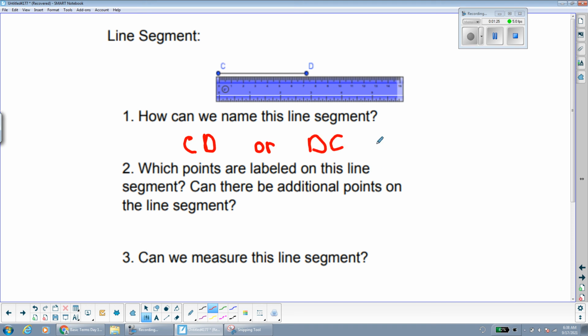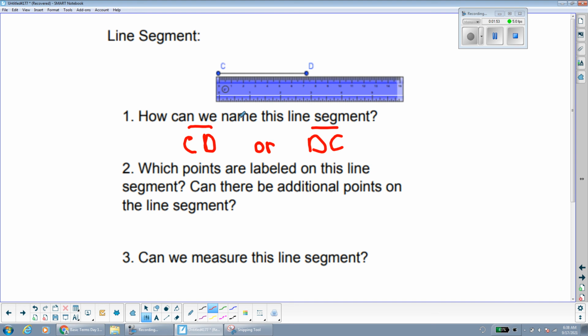We name line segments with two letters, one for each of the endpoints. It doesn't matter which order we put those letters in, as long as we're naming line segments with two letters for the two endpoints. We do have notation for line segments, and that's a little bar symbol over the name of the line segment. So this would read line segment CD or line segment DC.